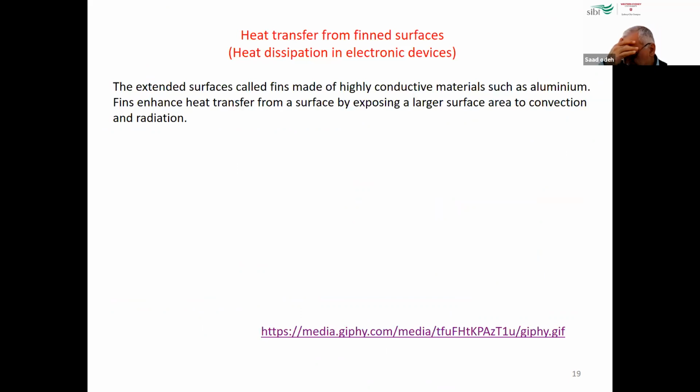In heat transfer by conduction, we have another important device, probably, that is used widely in many applications. We call it fins.